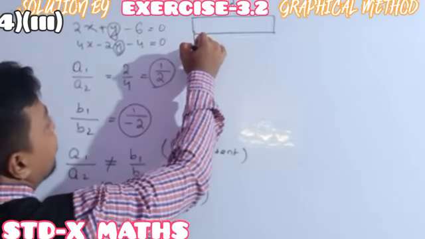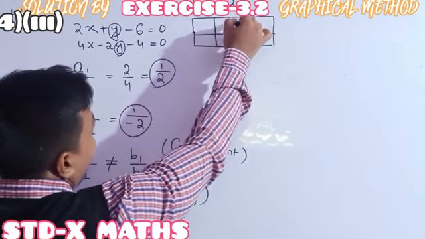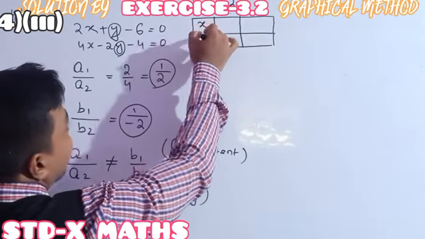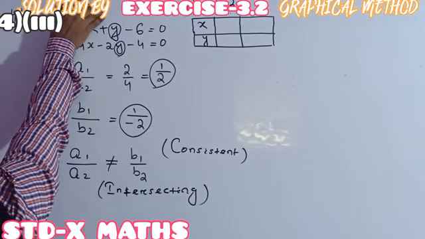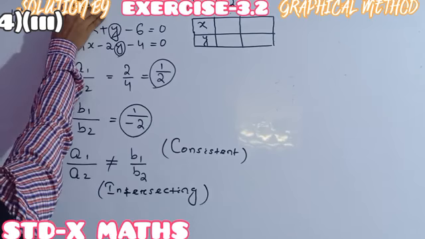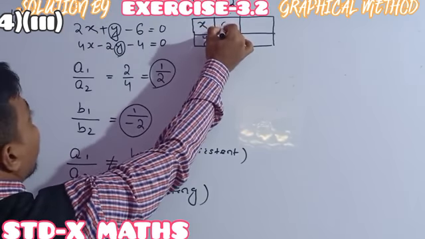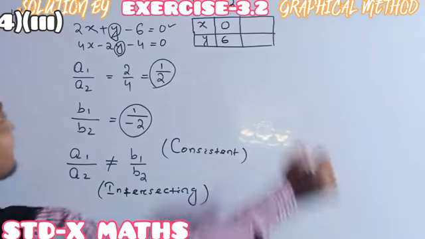Here is the table for the first linear equation, with x and y. The first easy trick is to put the x value as 0. On putting x equal to 0 in the first equation, we get y equal to 6.